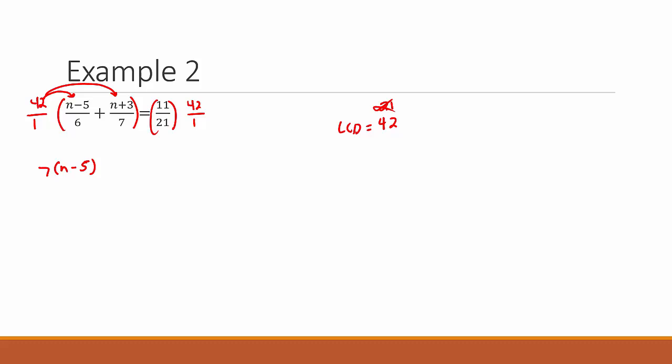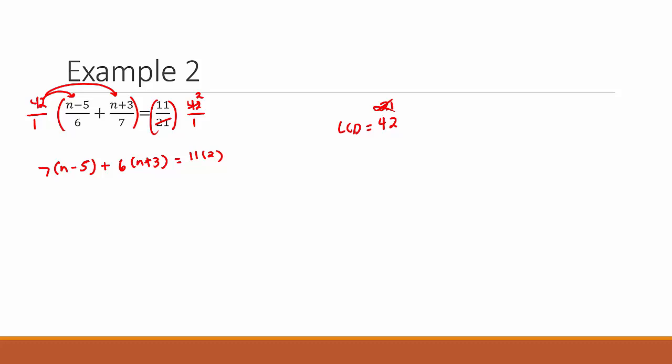Distribute to the second fraction. 7 will go into 42 6 times, so that gives me 6 times n plus 3. On the right-hand side, 21 will go into 42 2 times, so I have 11 times 2.